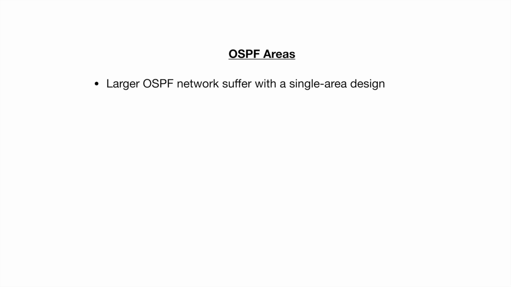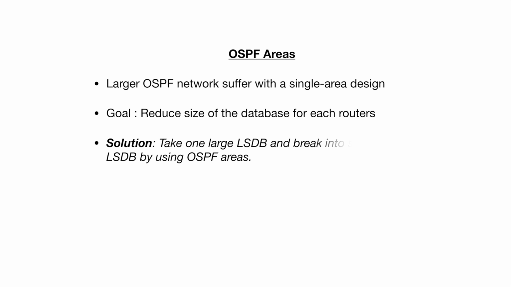That is the reason we introduce areas. Different routers can be put into different areas, and thus they're going to have a smaller database. The goal here is to reduce the size of the database for each router. The solution is to take one large LSDB and break it into several smaller LSDBs by using OSPF areas.